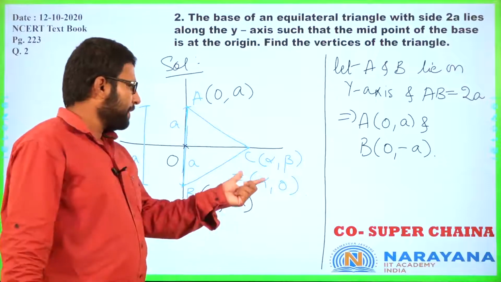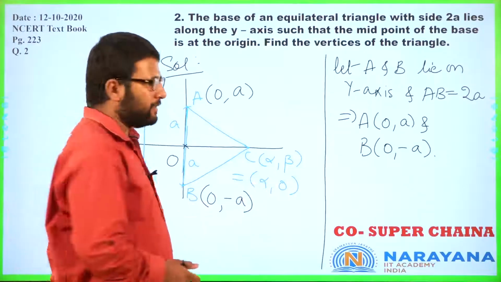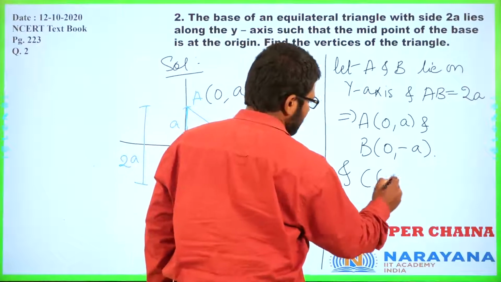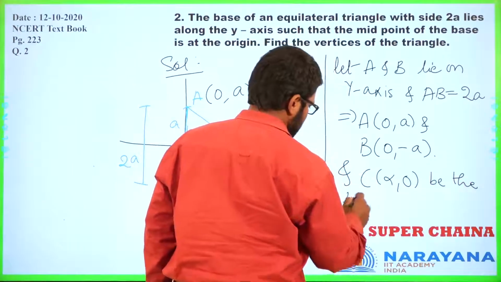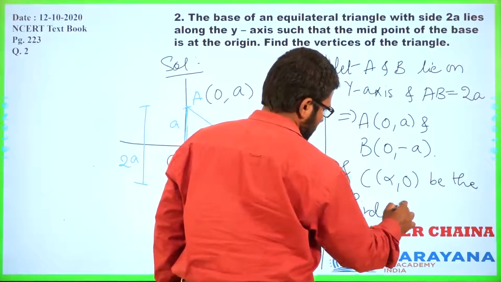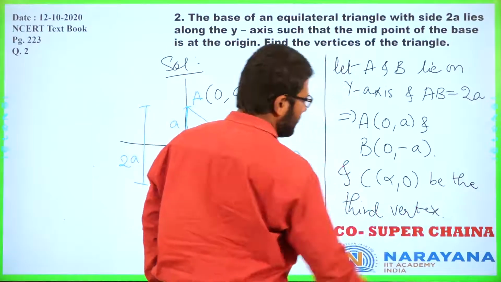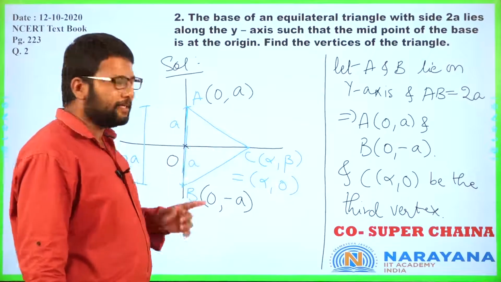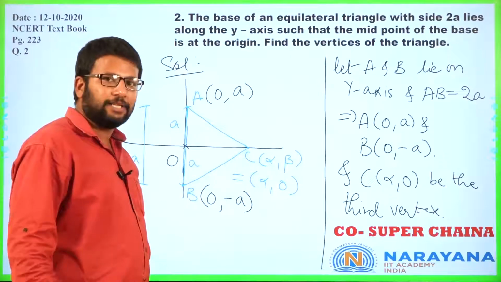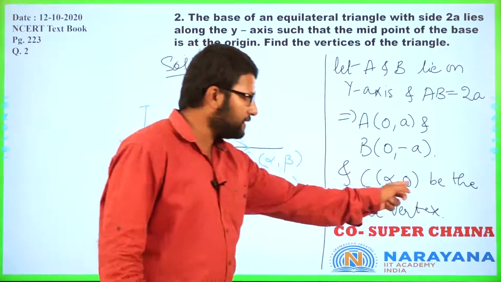Second, point C we have alpha comma 0, right? And C alpha comma 0 be the third vertex. And understand here, we are directly assuming the symmetry property, that because it's an equilateral triangle, everything will be symmetric, therefore C must lie on the x-axis. That much is understood. That is why we have taken C alpha comma 0.